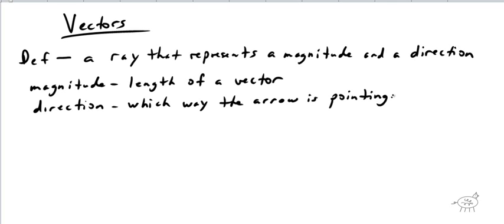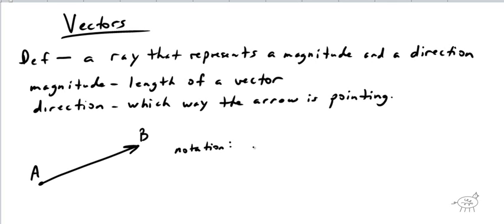Okay? So, just to give you an example, if I have a vector, I have two parts here. Let's call this A and this is B. There are two types of notation we can have.